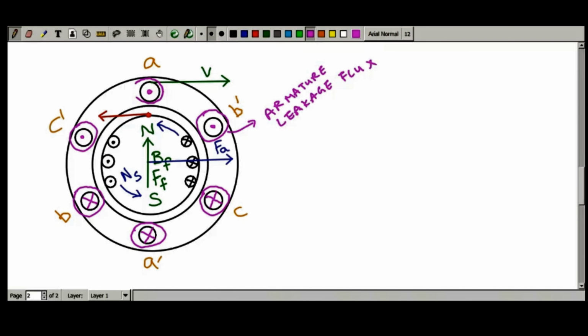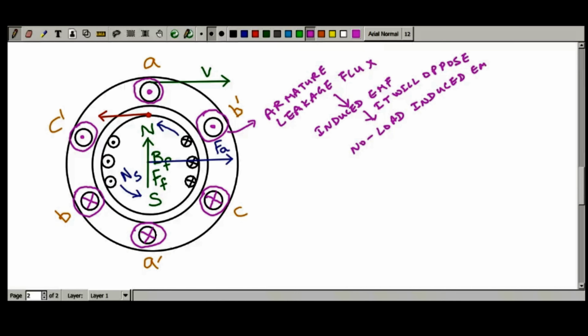Okay. So they will give rise to induced EMF. Armature leakage flux will give rise to induced EMF in the armature winding, and this will oppose the no load induced EMF, which is indicated by EF.